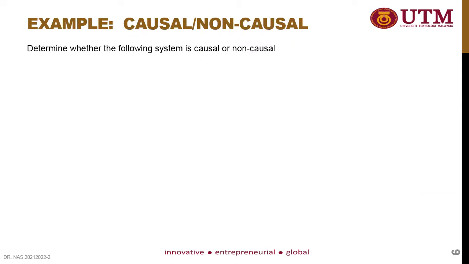Okay, let's look at a few examples of how to identify whether the system is causal or non-causal based on the given equation. Let's look at the first example, given by y(t) = x(t - 1). In order to determine the causality of the system, you need to consider at least three t values: a negative value, then the current state 0, and then the future state, maybe any positive value.